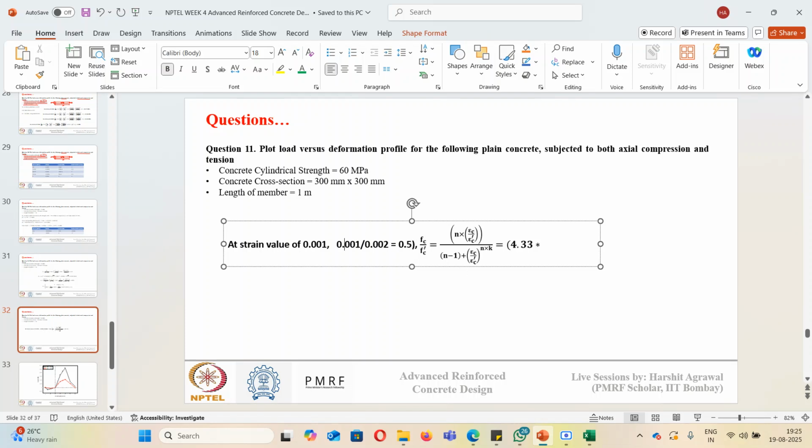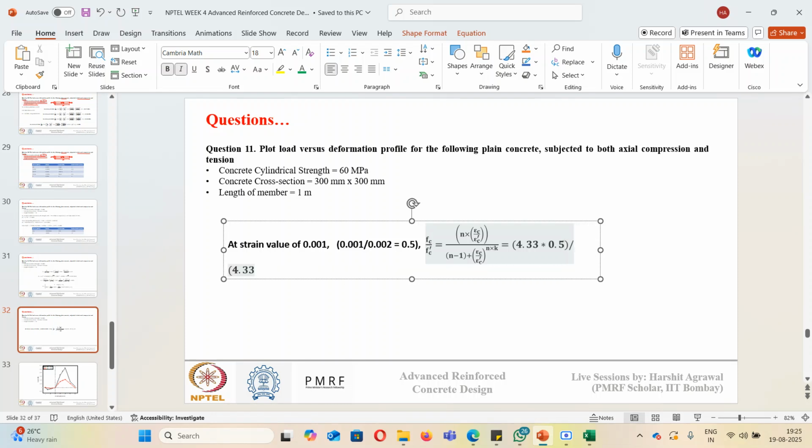So 4.33 times 0.5, whole upon 4.33 minus 1 plus 0.5 to the power 4.33.